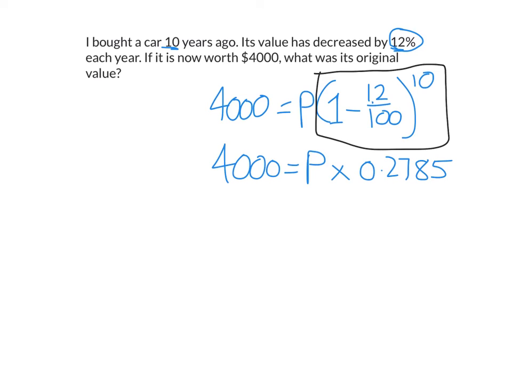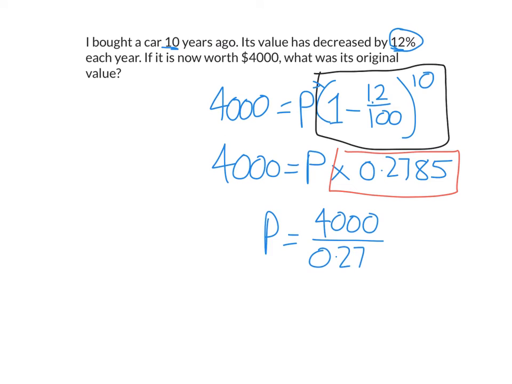So remember, this is a times there. If I want to get P by itself, I undo timesing by 0.2785 by dividing by this. So P will just be 4000 divided by 0.2785.